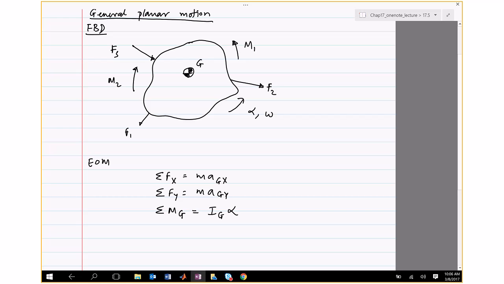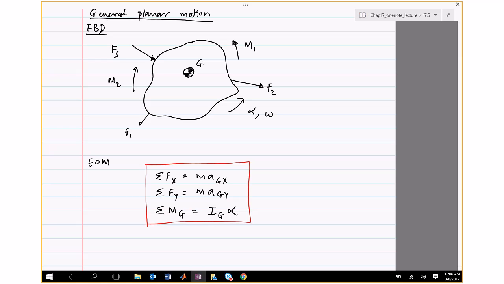As I said earlier in the previous class, sometimes you are better off not writing the moment equation about point G, because you might want to eliminate certain forces, and so you're better off taking moments about a different point.